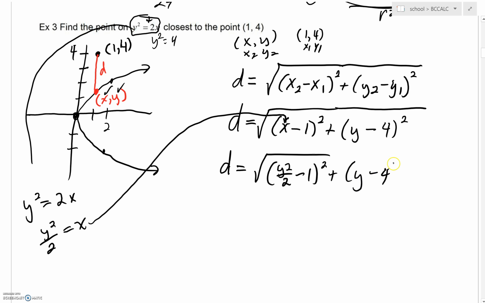And that, honestly, is your ultimate goal when you're optimizing. You don't want to have 3 or 4 variables that are changing. That's really getting into Calc 3, multivariable calculus. And right now I have an equation where I could optimize distance d.